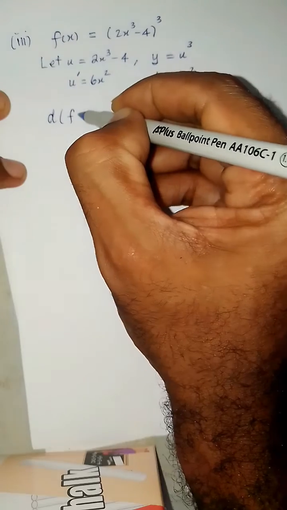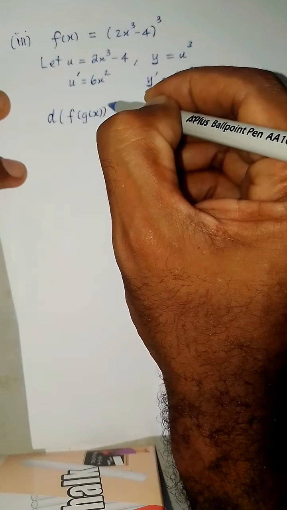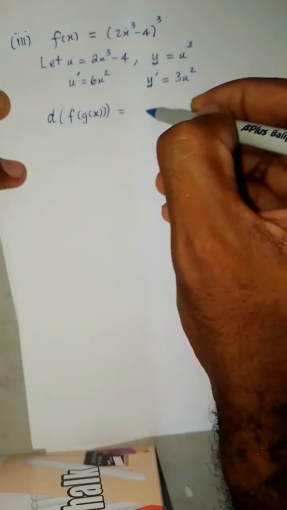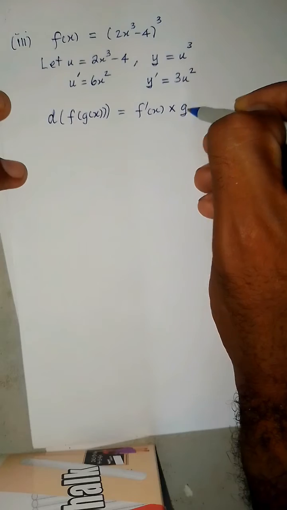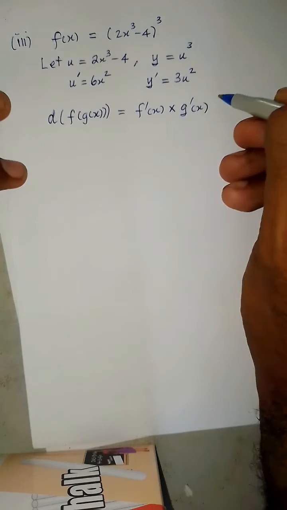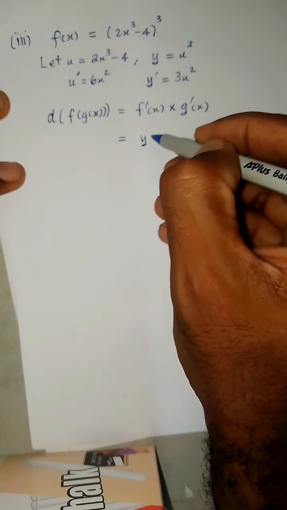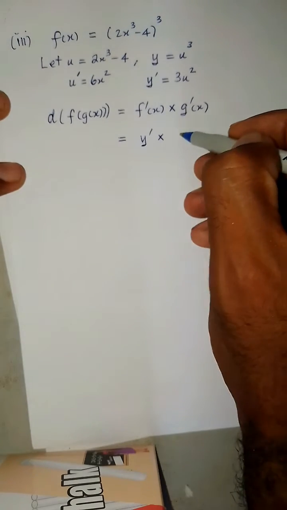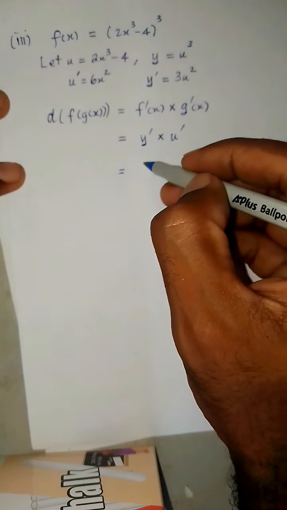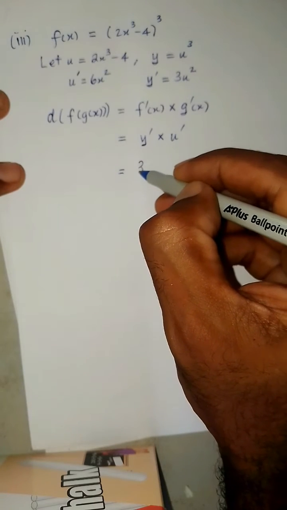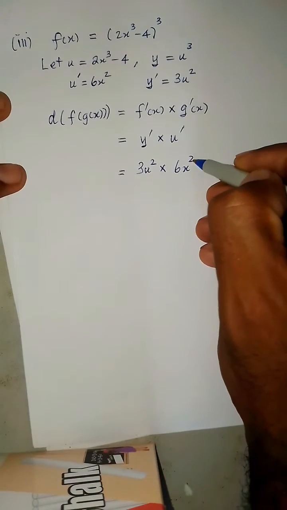Chain rule would be given by the derivative of f of g of x is equal to the derivative of the outside function multiplied by the derivative of the inside function. Our outside function above is y dash multiplied by the inside function u dash. And then we substitute it, we go 3u squared multiplied by 6x squared.